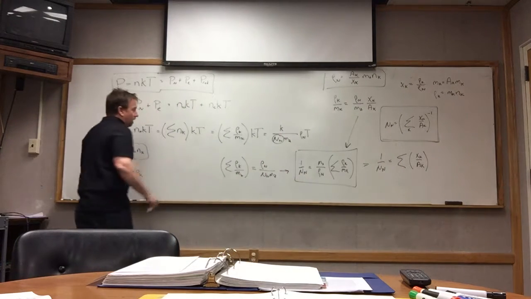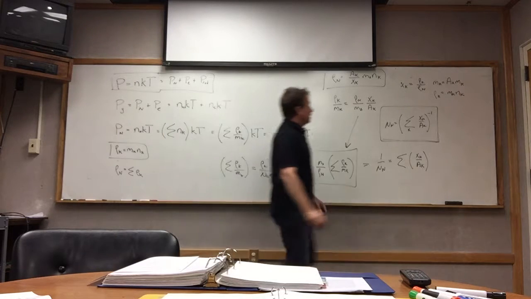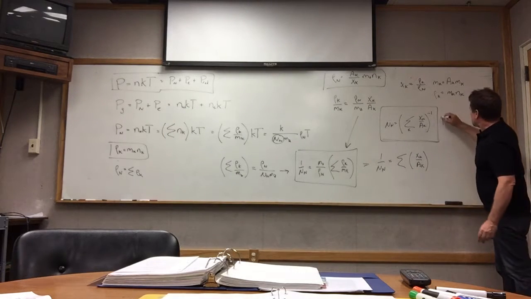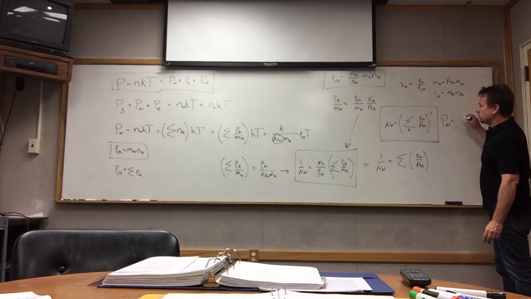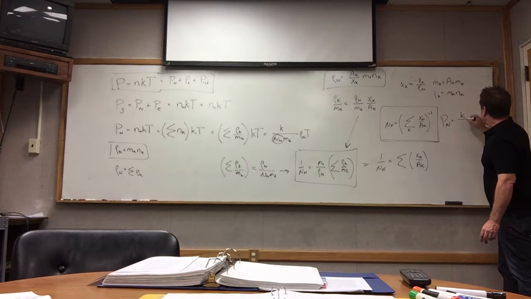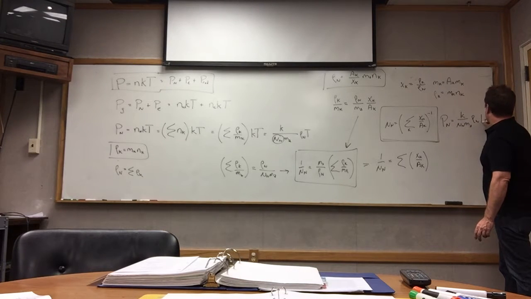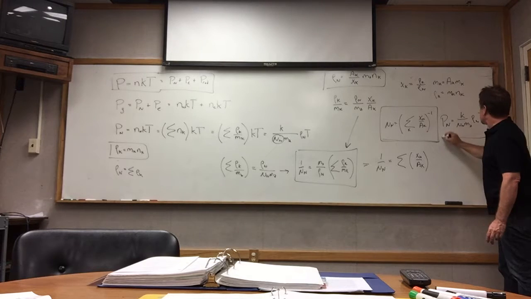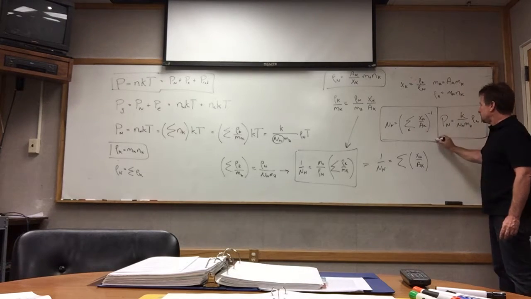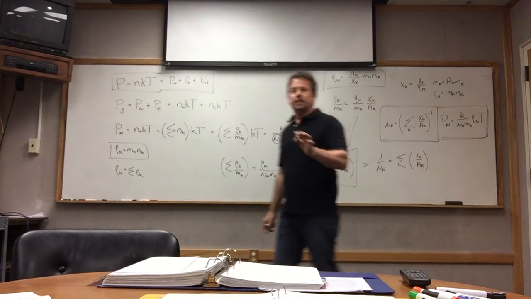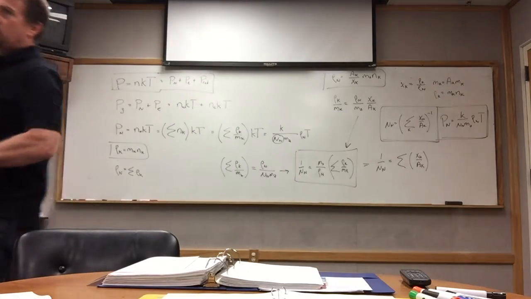Okay? So now what I'm saying is that you can calculate P_n is equal to k over mu_n m_a times rho_n T. All you have to know is the mass fractions of each element.